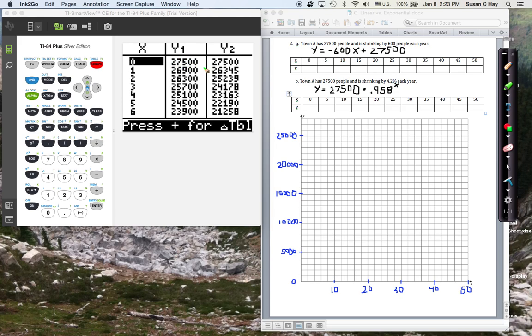So we're going to start at 27,500. Actually, both of them are going to start in the same place, at 27,500.